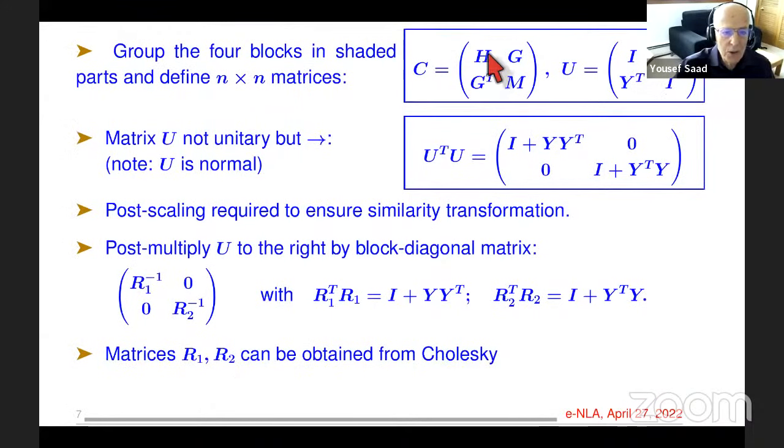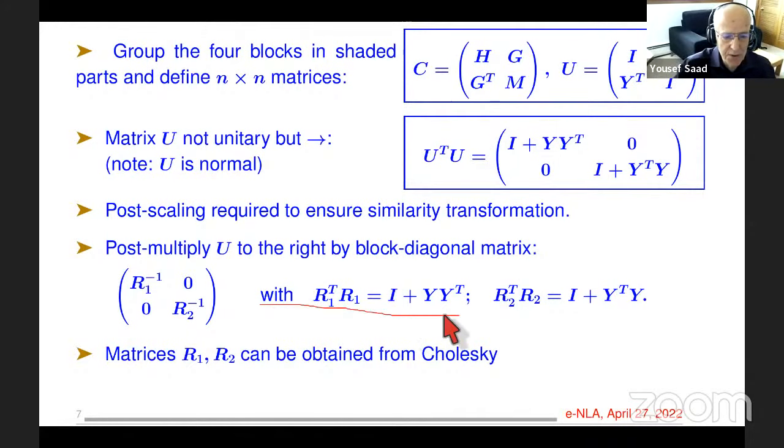Now if I call this matrix C, this is now a small matrix. I'm going to call this matrix U. And I noticed that U transpose U has this form here. Actually, U is normal, and U transpose U has this block in here, which has the form I plus Y transpose Y. So this is not unitary, therefore you need to post-scale both to the right and to the left.